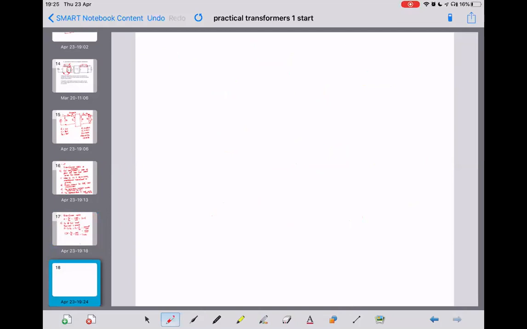So if you can remember, what we're going to do is transfer secondary impedances to primary side.